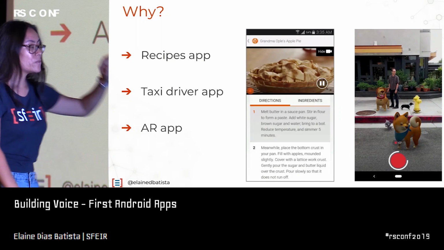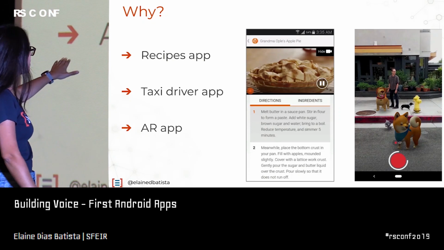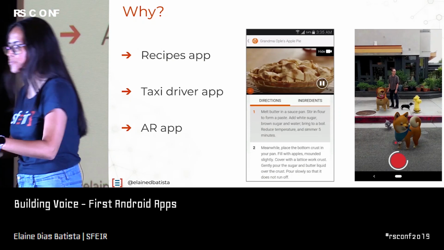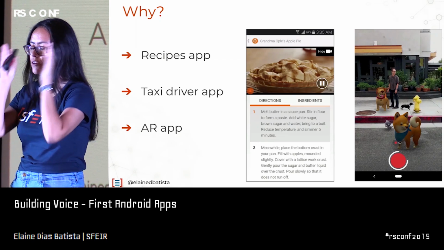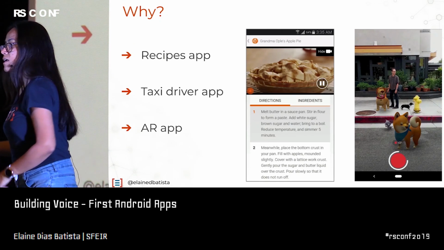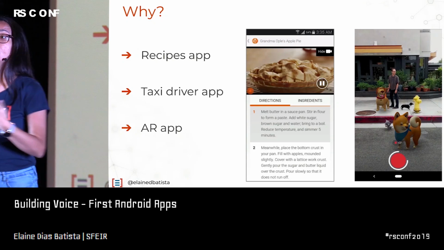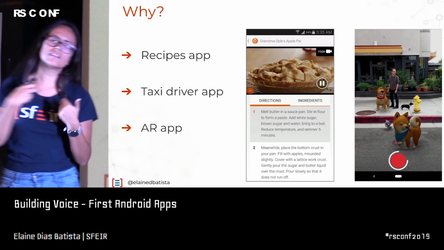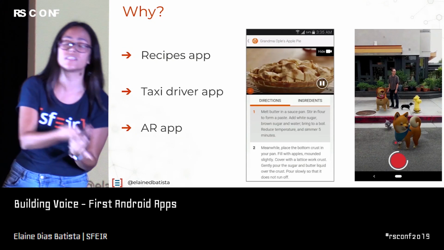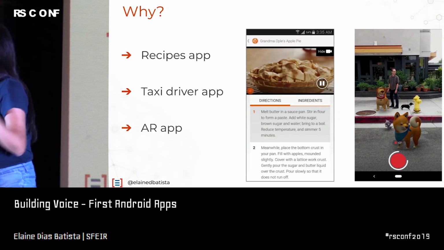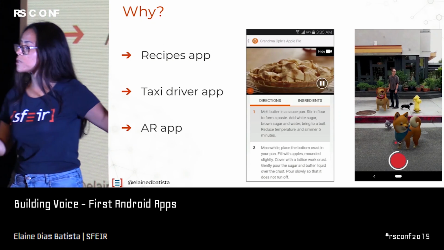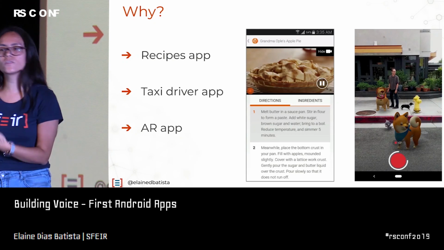And as an example, I have 3 conversations that I had with different people in a very short period of time that had existing apps, and they wanted to integrate the Google Assistant. So basically, they didn't want to integrate the Google Assistant. They wanted to integrate the voice interaction, hands-free interaction. So the first one was a recipes app. You can see it totally makes sense.